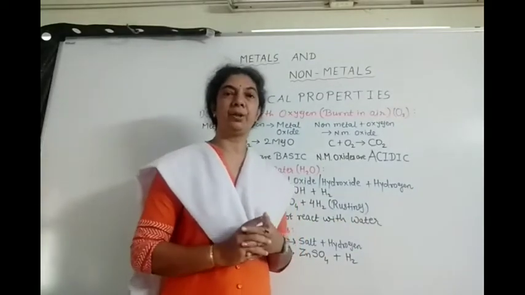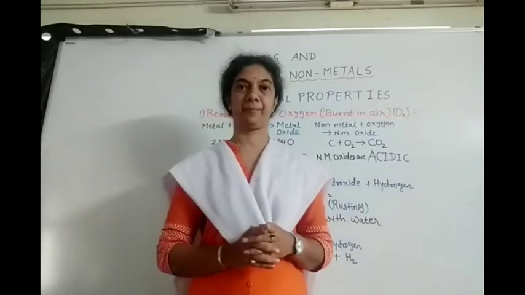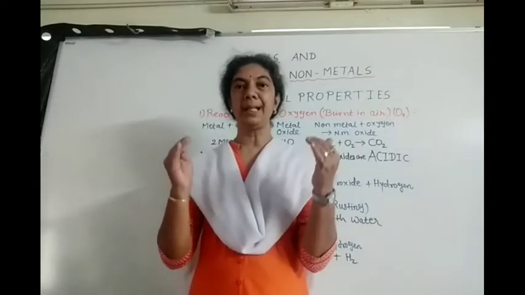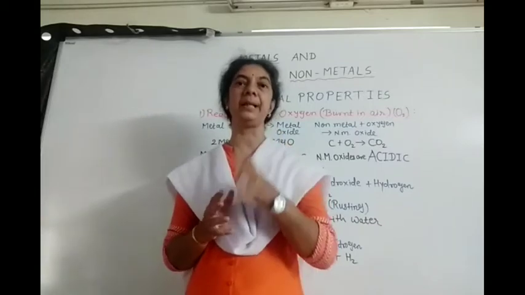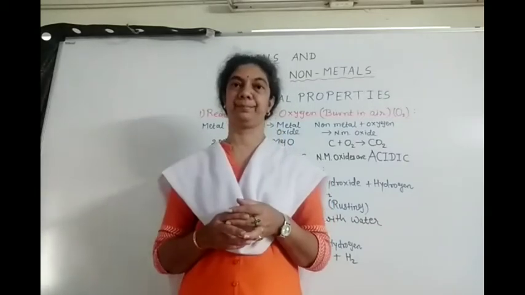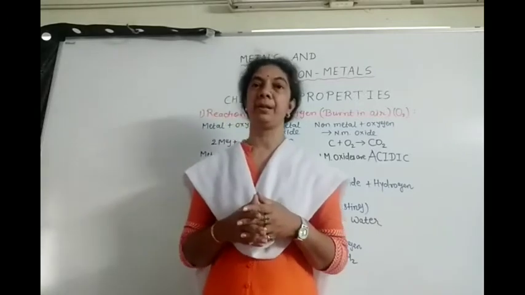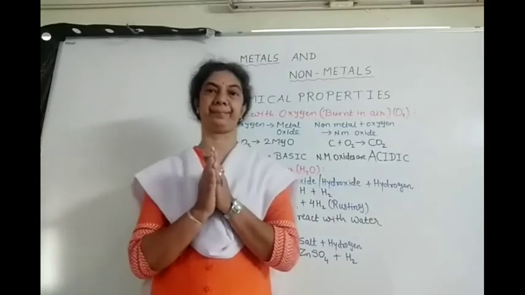Now I would like to explain the word salt over here. Normally we have the understanding of the concept that salt is the common salt we are eating. Besides that, in chemistry, so many other types of salts are there.